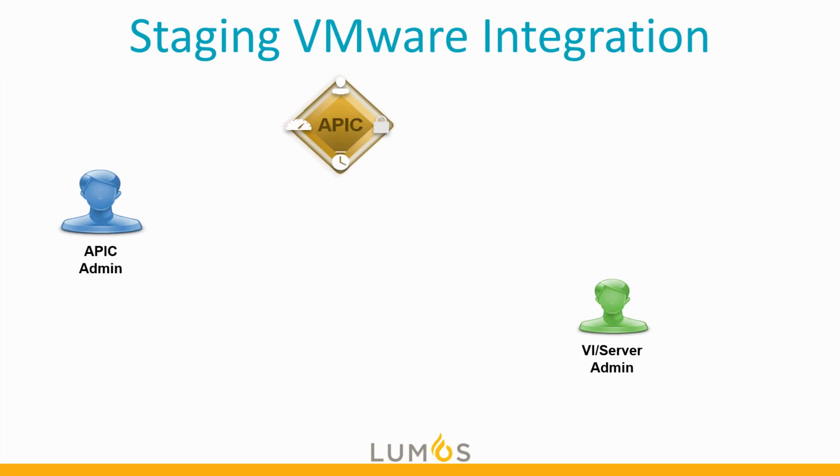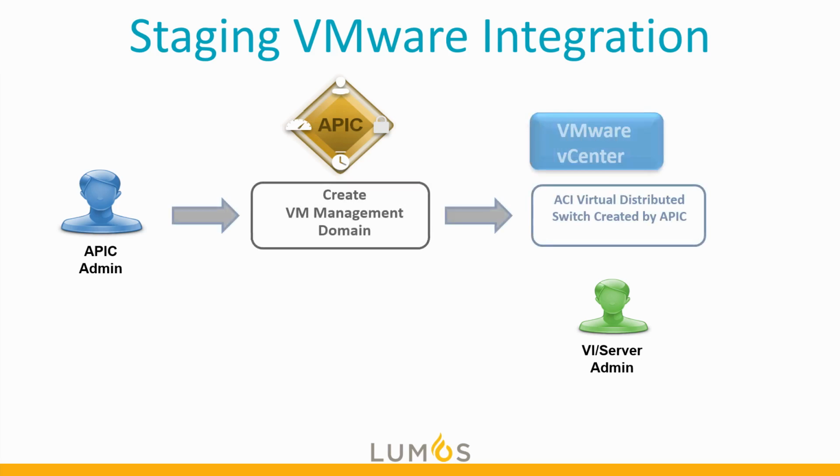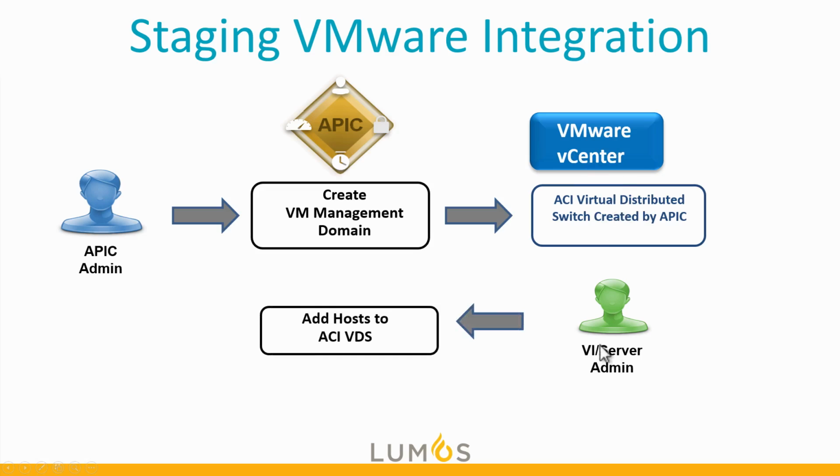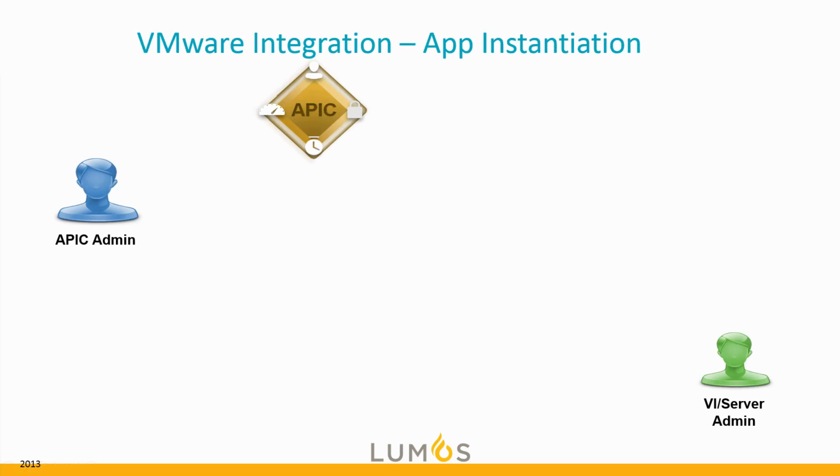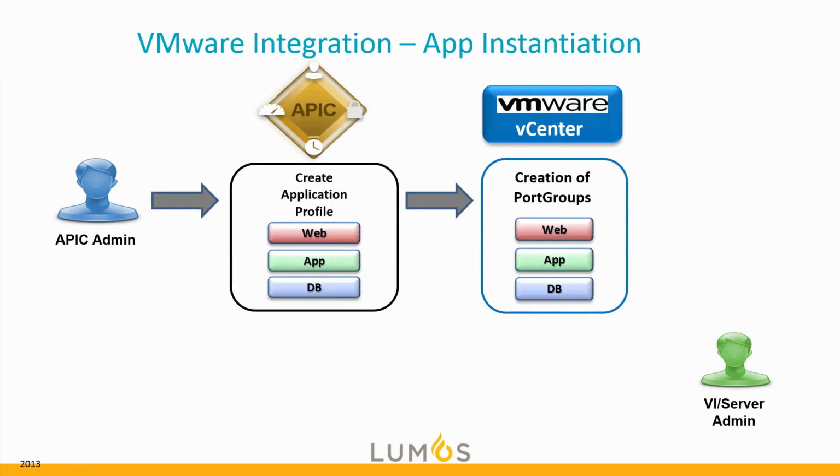So taking a look at staging the VMware integration, the APIC admin is going to create the VMM management domain in the APIC. This is going to create the DVS and push to VMware vCenter. The VI admin or VM admin is going to add the host to the DVS like we mentioned. And then an application will be created.